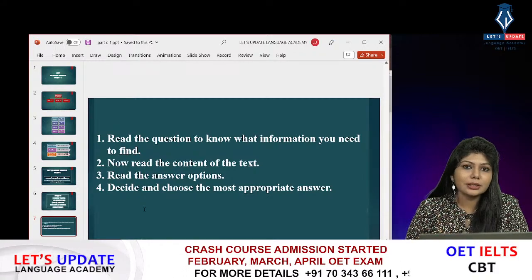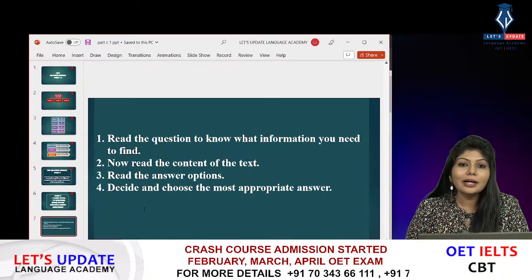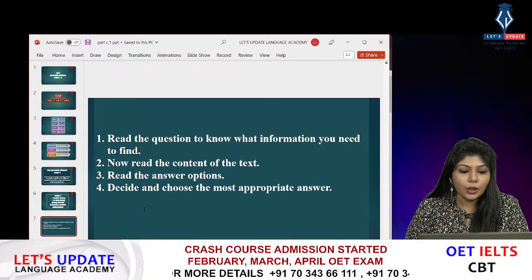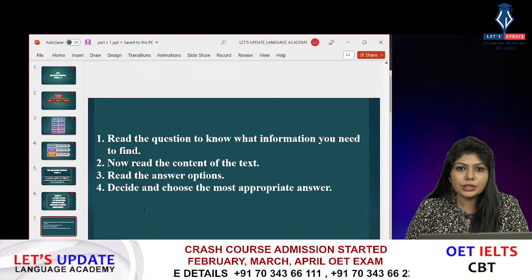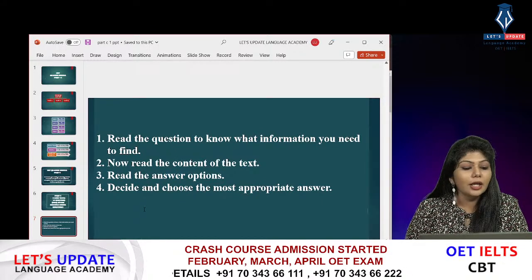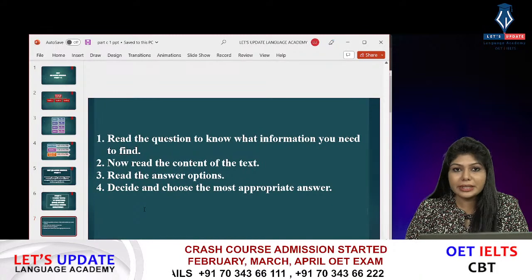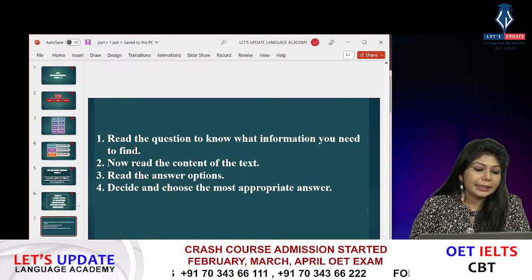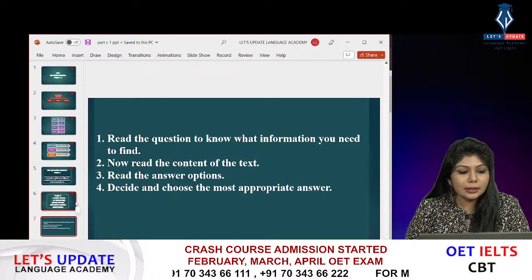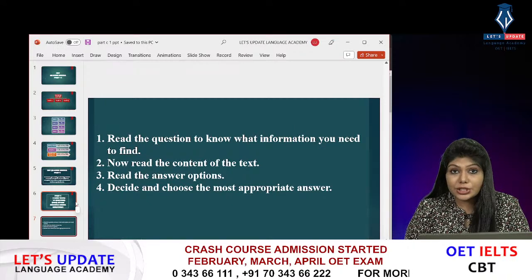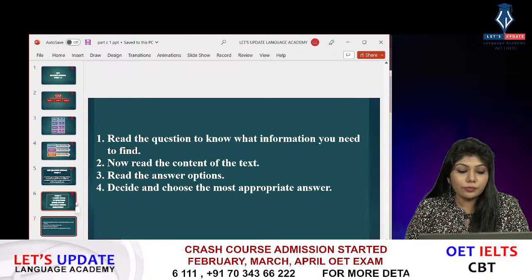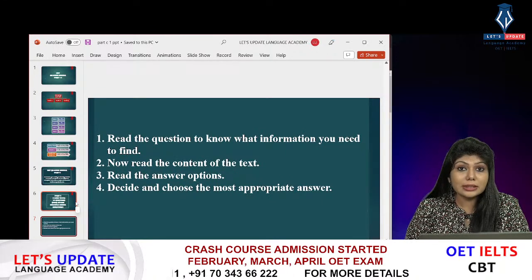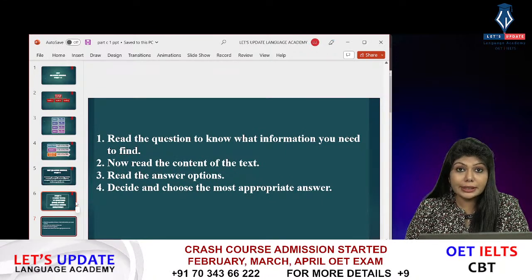Then what you need to do is read the answer options. Read all of them and choose the most appropriate answer. So that's the general information that you require when you are approaching the reading module part C.